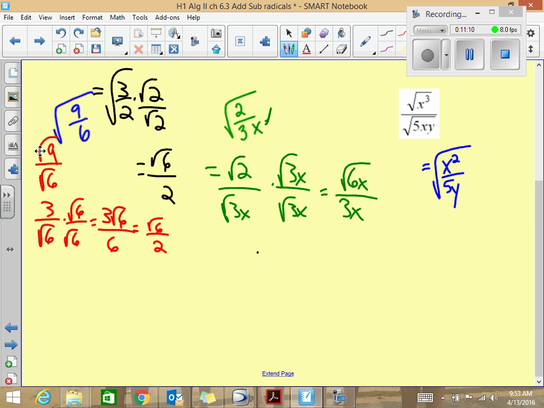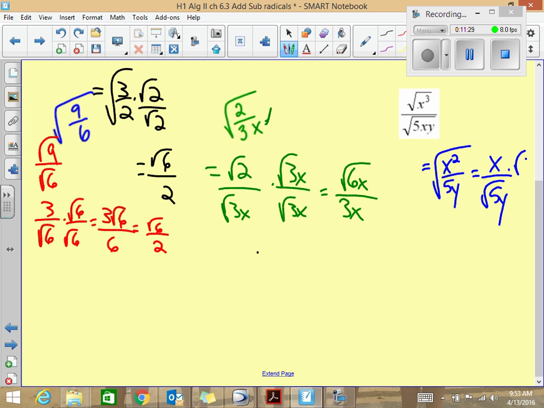What else could we do? Right, square root of x squared is just x, so we could get it down to here. So now it's as simplified as it can be, but we have to rationalize the denominator, right?